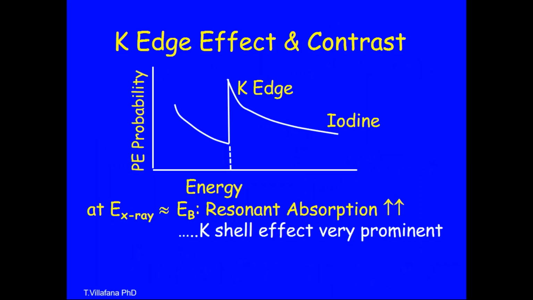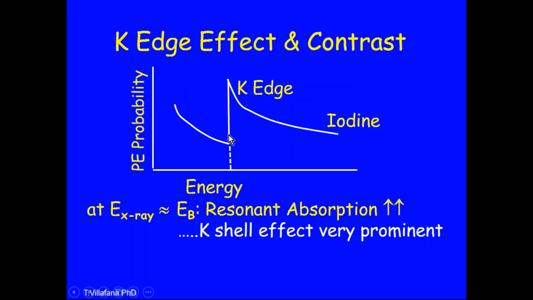Here we have a plot of the probability of photoelectric effects, just like the kinds of curves I've been giving before, but those before were for soft tissues. Now let's look at one for iodine. And what you see here is that as you go up in energy, at one particular energy, all of a sudden there's an extraordinary increase in the absorption of that radiation, of the probability of that interaction occurring, and then it trails off.